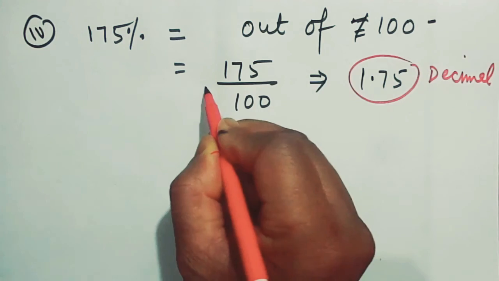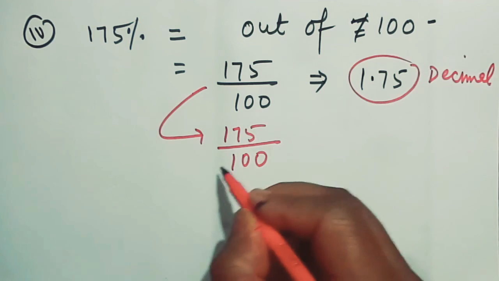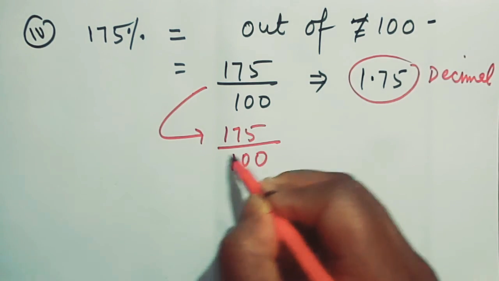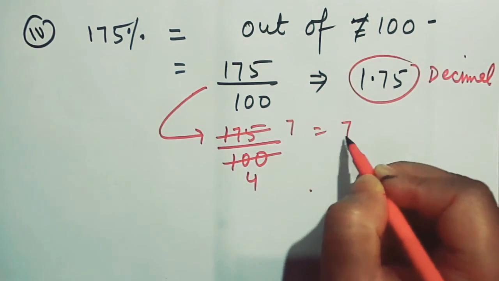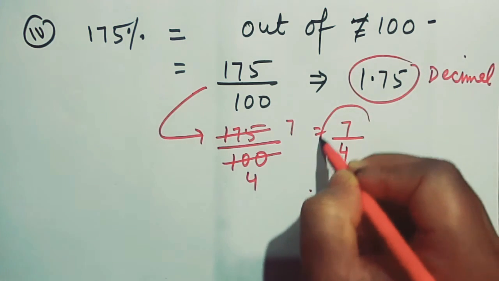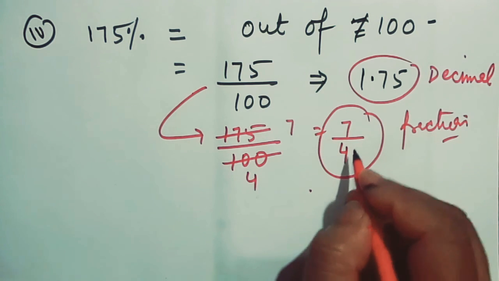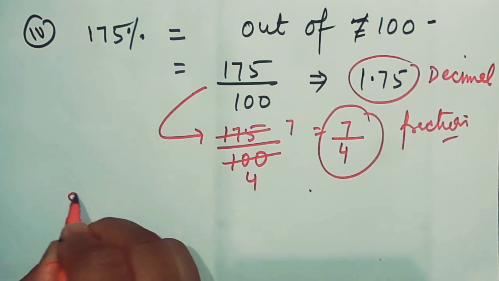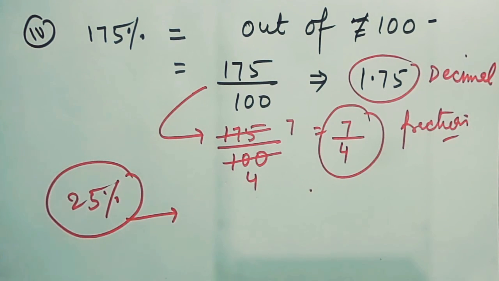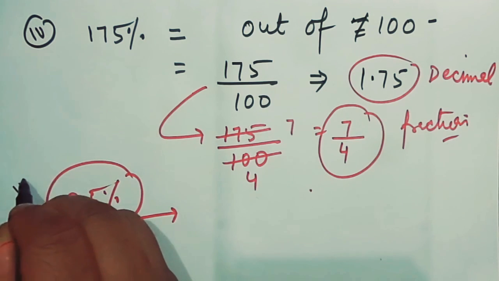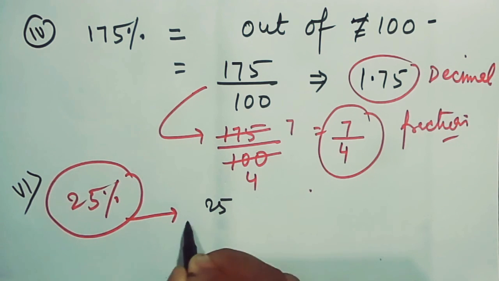Now the same value 175 by 100, when it is cancelled or simplified, 25 4 times, 25 7 times, is equal to 7 by 4. So this 7 by 4 is in fraction form, isn't it? Okay, now let us take one more, 25%. I hope you can do it yourself. This 25% is your sixth one. 25% can be written as 25 by 100.